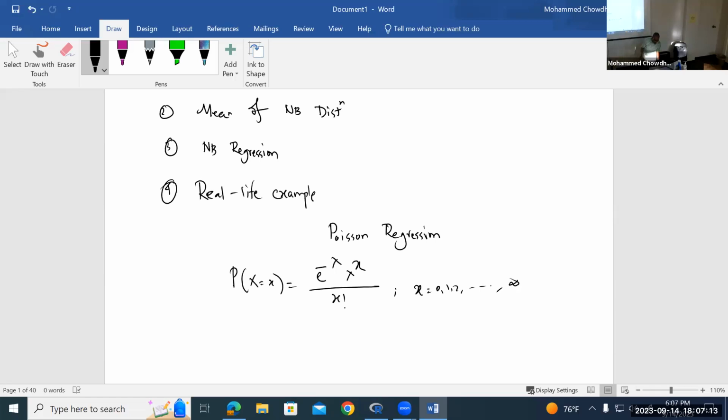So this is Poisson regression. In Poisson regression, we also discussed that the mean of the Poisson distribution is equal to its variance. Okay. So the Poisson distribution has mean and variance equal.